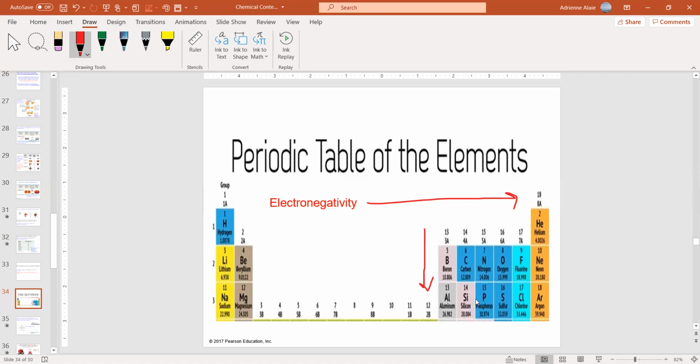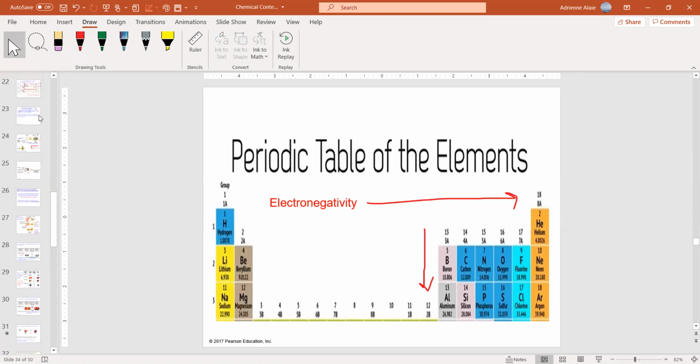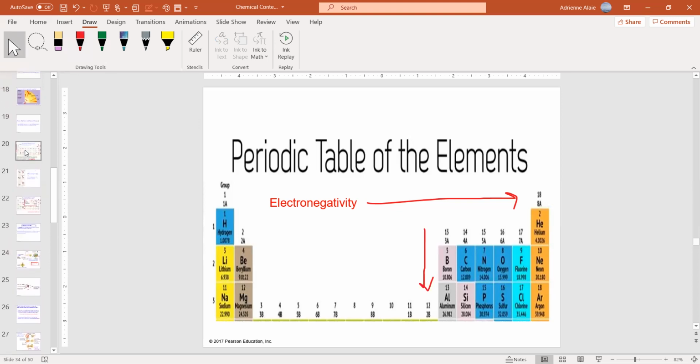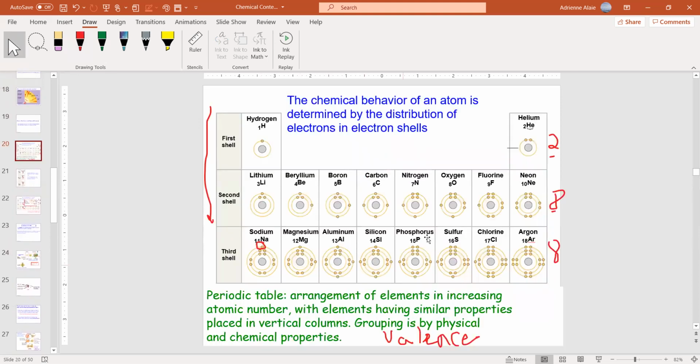And the idea is that as you go down a column, there are more electrons in shells closest to the nucleus. So those shells with their negative charges are shielding the positively charged nucleus from the outermost shell. We'd have to look at the electron distribution to see this. If we look at something like nitrogen, its valence electrons are in the second shell.